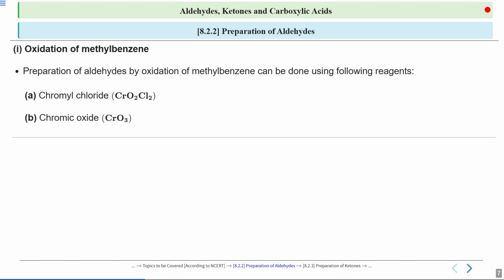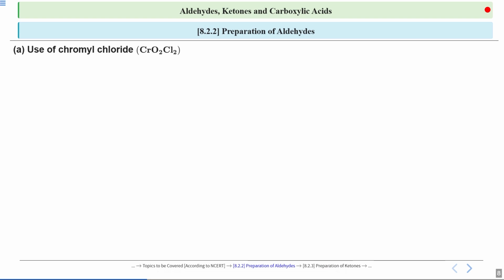Second is chromic acid. Chromic acid is CrO3. Like chromyl chloride, chromic oxide is also an oxidizing agent. So it helps convert methyl benzene into an aldehyde by facilitating the addition of oxygen. So these are the two reagents that you can use for the oxidation of methyl benzene. The first one we will study now is the use of chromyl chloride, that is CrO2Cl2.